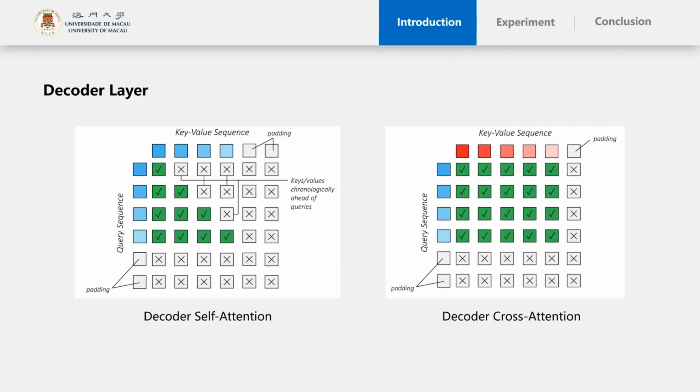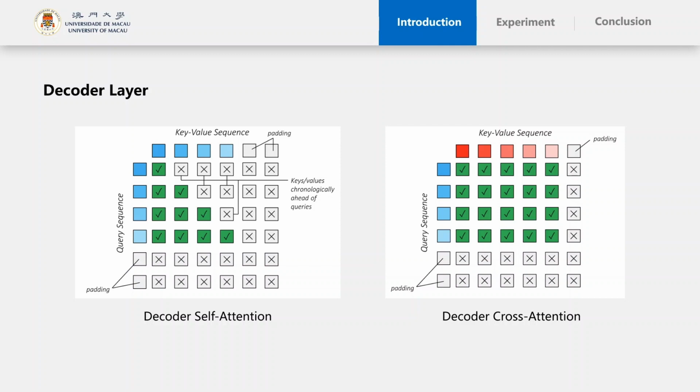Because in the decoder, the translated sentence doesn't know what it will translate in the future, so it uses a mask to mask the tokens behind, and it only makes correlations between a token and the tokens in front of it. This part is the decoder self-attention, and the second part is the decoder cross-attention.